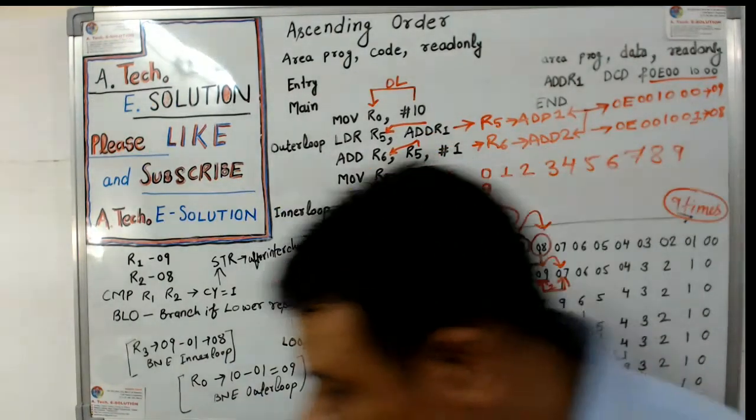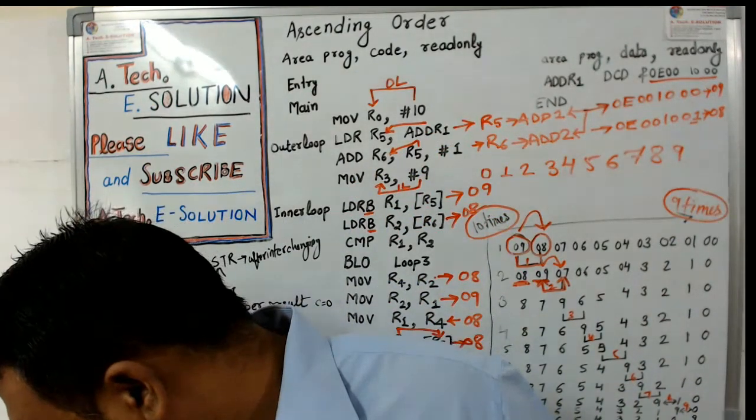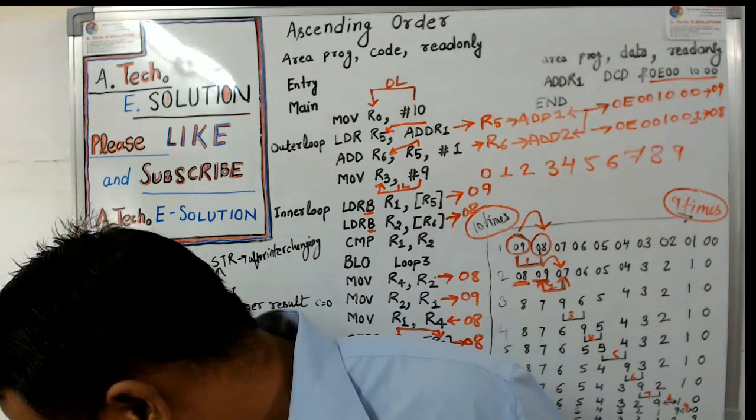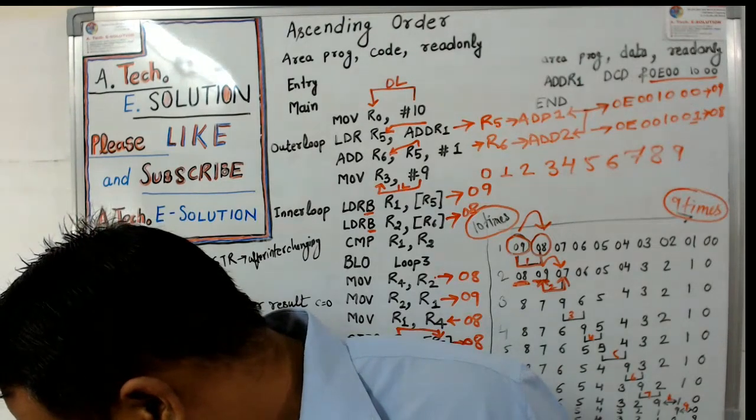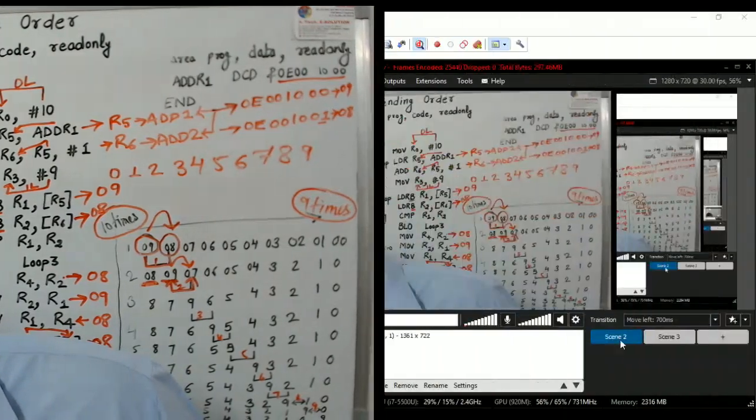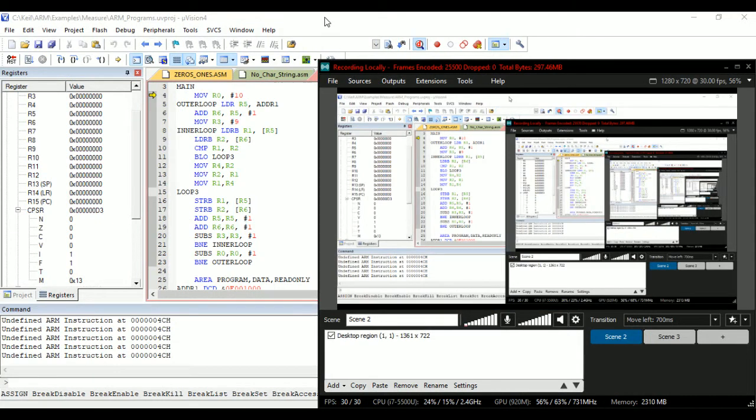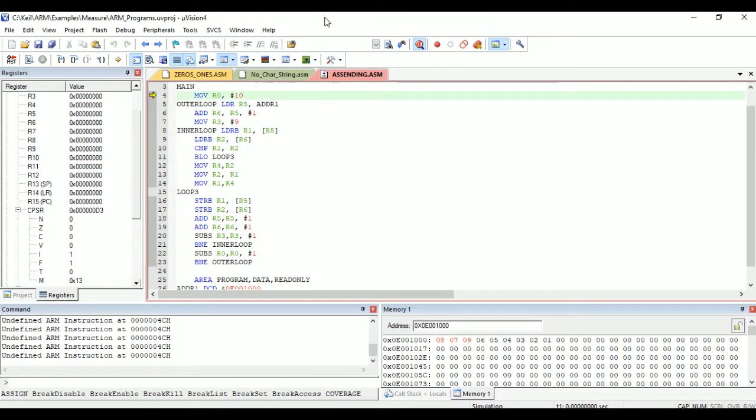Let us take an example right here in the Keil programming software. In the Keil software, here we have written an ascending program. In this section, the main program starts right from here.